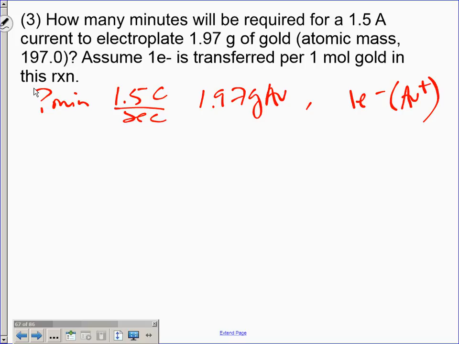So 1.97 over 197, times 96485, divided by 1.5, divided by 60, gives 10.7.